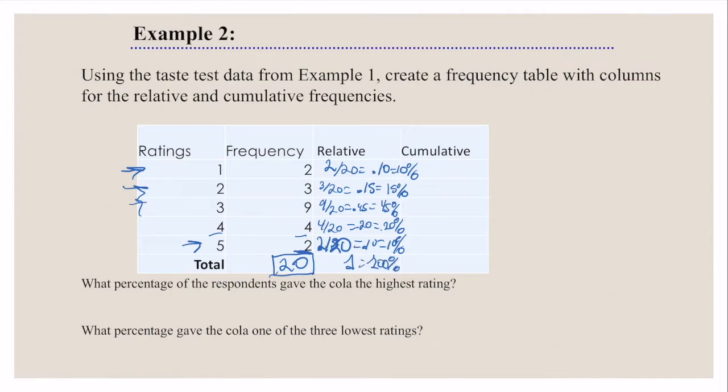Now for cumulative frequency, this is a little bit different. We take the number of times a rating of 1 occurred. For the next row, we want the number of times we got a rating of 2 and a rating of 1. So 3 plus 2 is 5.